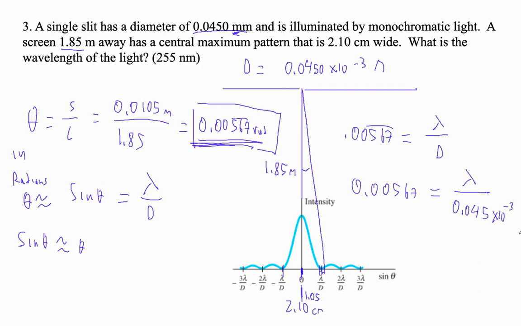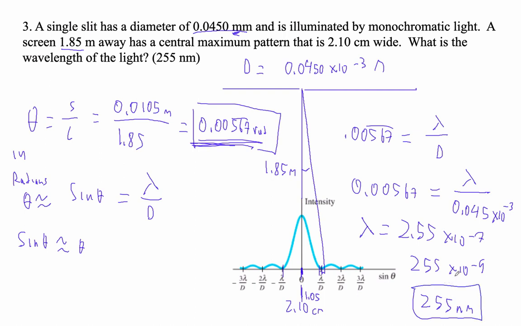So that number times 0.045 times 10 to the minus third gives me the answer: lambda equals 2.55 times 10 to the minus 7th, which also means 255 times 10 to the minus 9th, which is 255 nanometers.